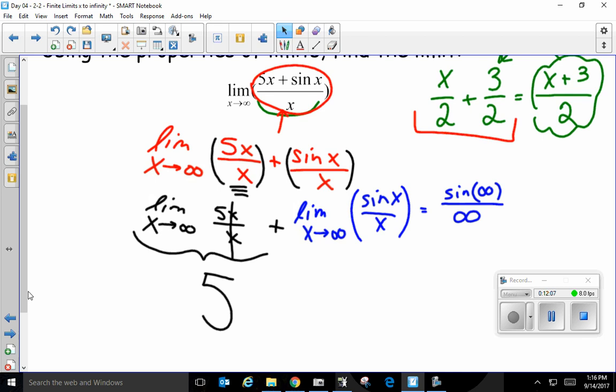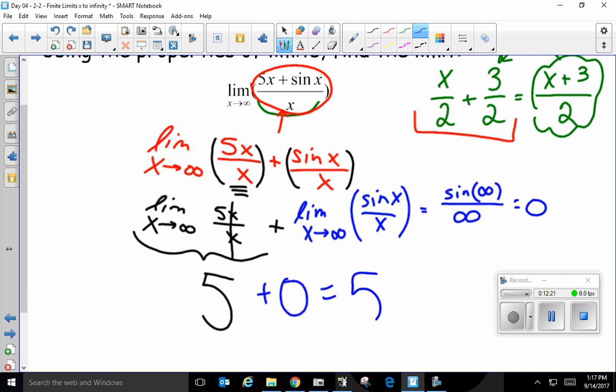Why do you say 0? Yeah, there's infinity in the top too. But it is actually 0. But how come it's 0? This actually equals 0, which means I'm going to add 0, which means my answer will be 5. But let me explain to you why, remember, it's when it approaches.